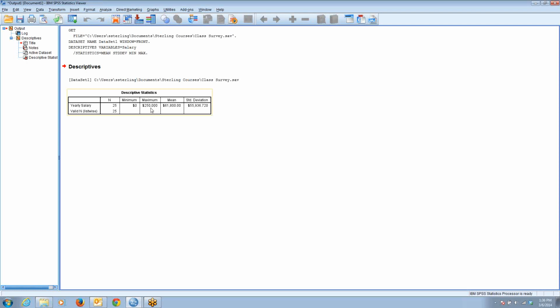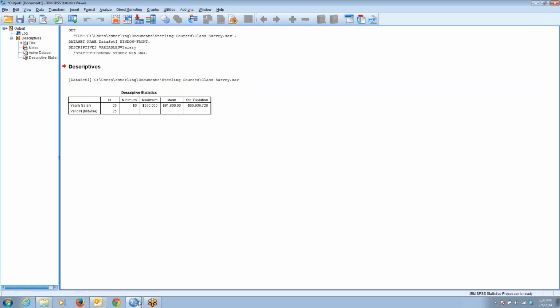The maximum is $250,000. The average of the people in this sample, 61,800 per year, with a huge standard deviation of 55,000. So there's a lot of variability amongst the participants in this group when it comes to salary.